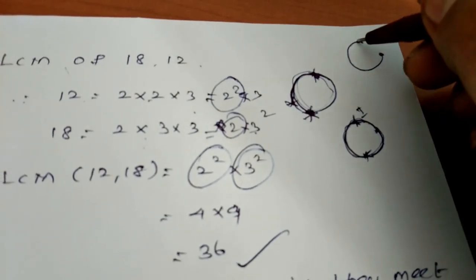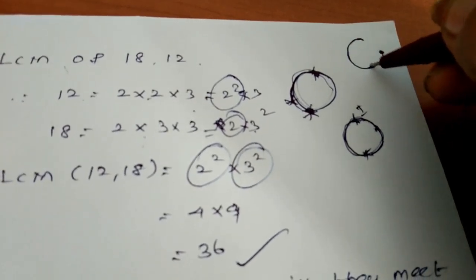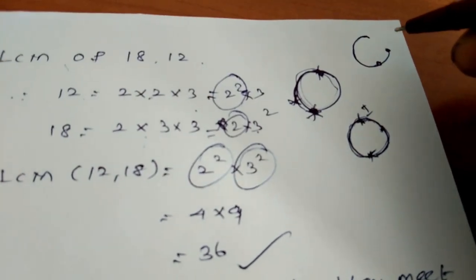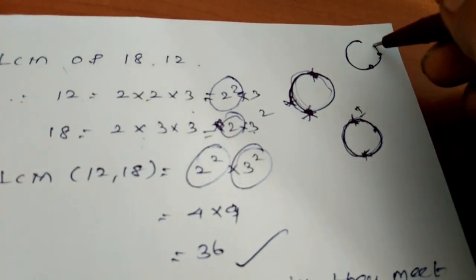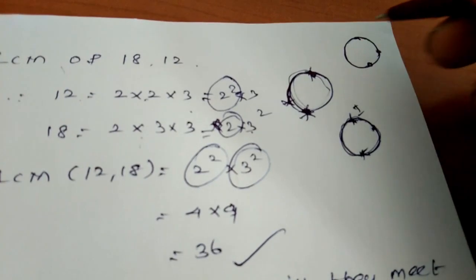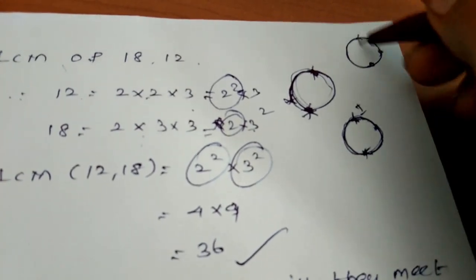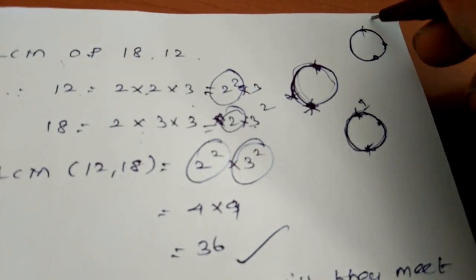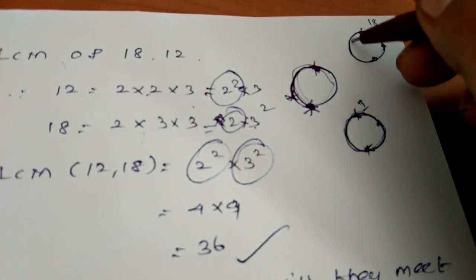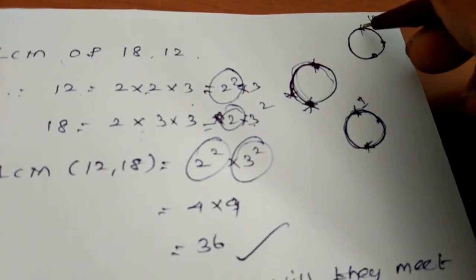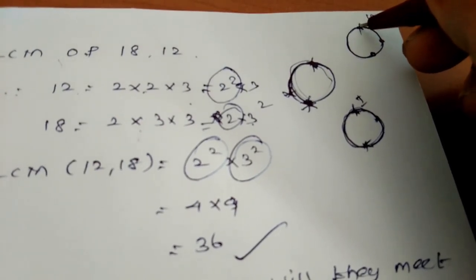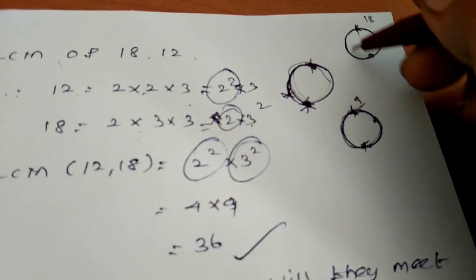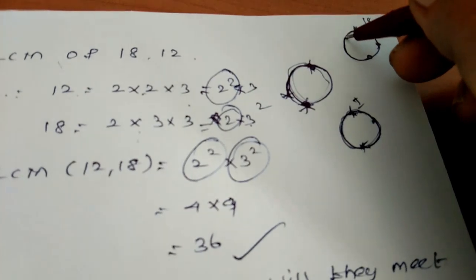The second person is going to start maybe here, because their speeds are different. The first person may complete one revolution, one circle, in 18 minutes, and the second one in 12 minutes.